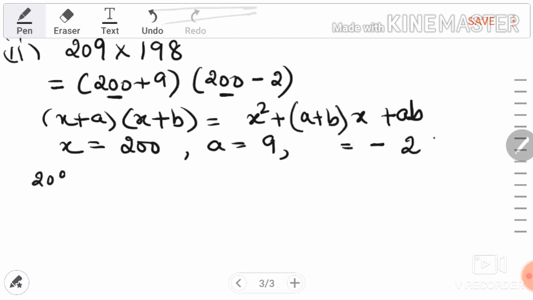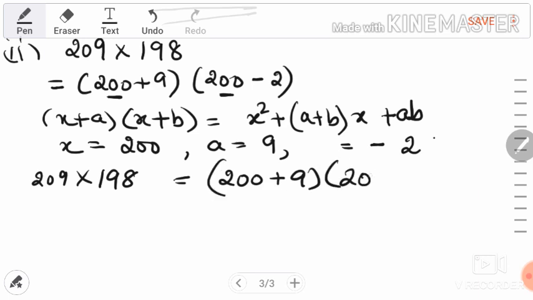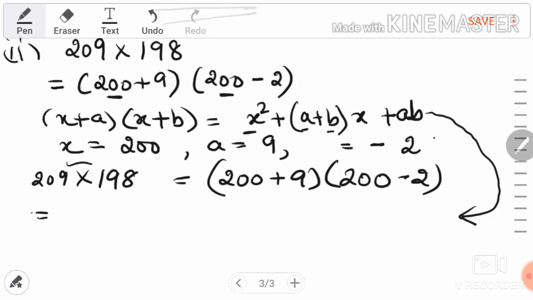So 209 into 198 can be written as 200 plus 9 times 200 minus 2. Now I am going to write the right side of the identity by plugging in the values of x, a and b.